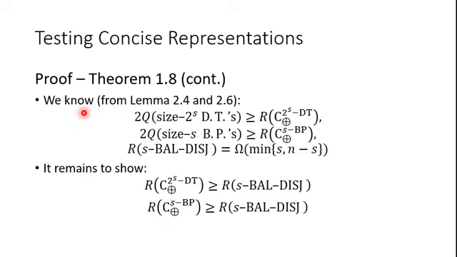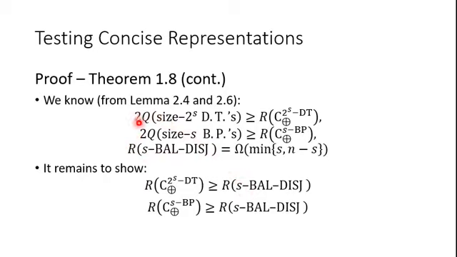As always, we will be using Lemma 2.4 and something that we have already proven a lower bound for in the communication complexity world. This is going to be the S-balanced disjointness. So we have the following relations from these two lemmas. These two are from Lemma 2.4 and this is Lemma 2.6.